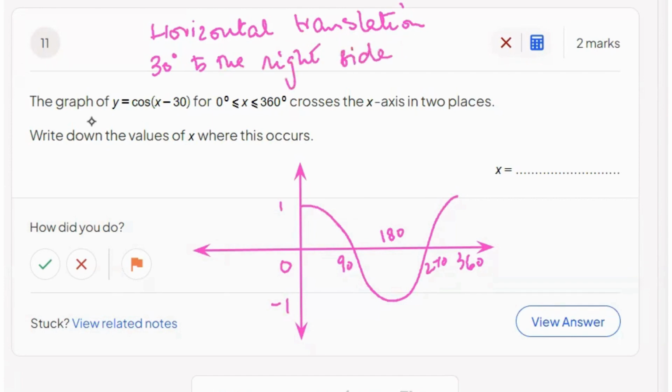So 90 will become 120, and 270 becomes 300. They want the values where the graph crosses the x-axis in 2 places. Initially for the cos graph, it was 90 and 270. So 90 and 270 become 120 and 300. These are x values.